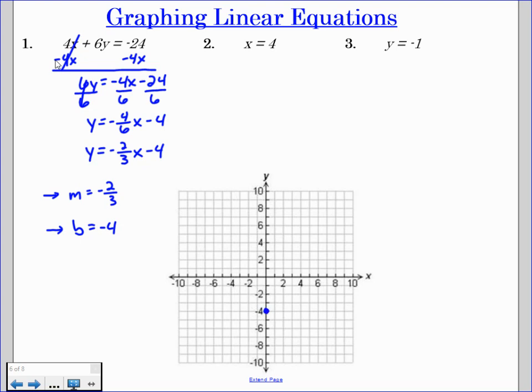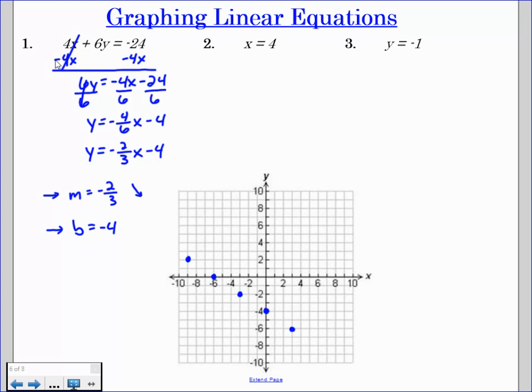My slope is negative 2/3, so that means that my line needs to be going down. Okay, so I'm going to go down 2, right 1, 2, 3. And then I'm going to go the opposite direction, up 2, left 1, 2, 3. I'm going to do that a couple times. I like to have lots of points because it helps me draw my line, because I am very bad at drawing straight lines.